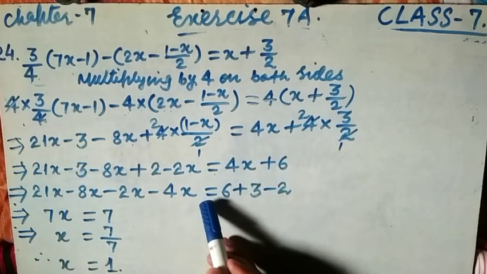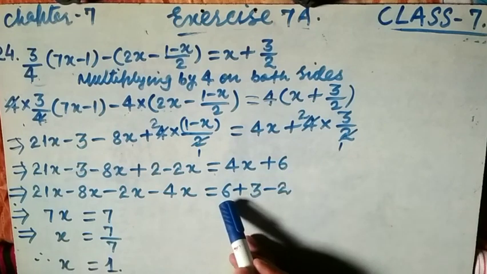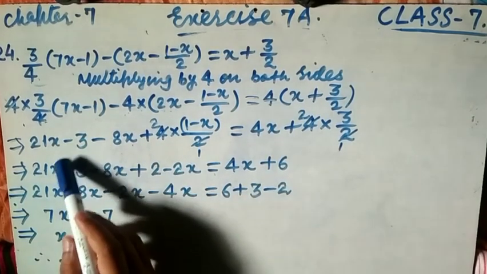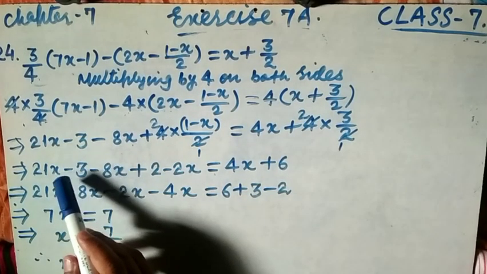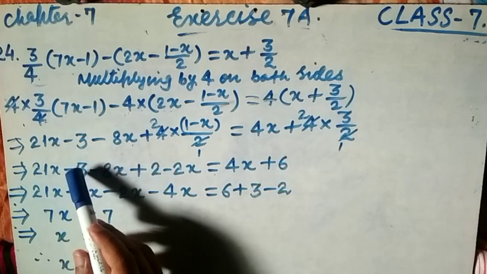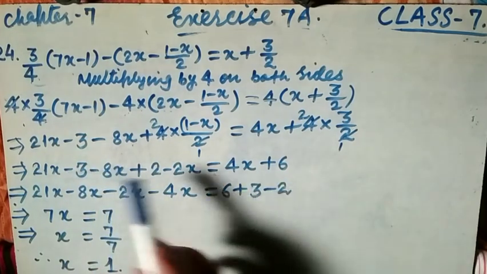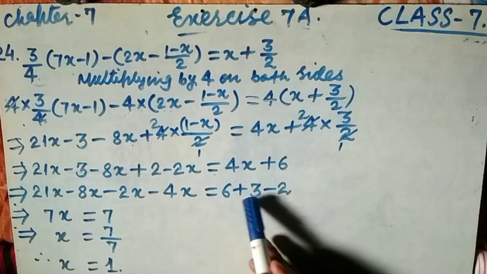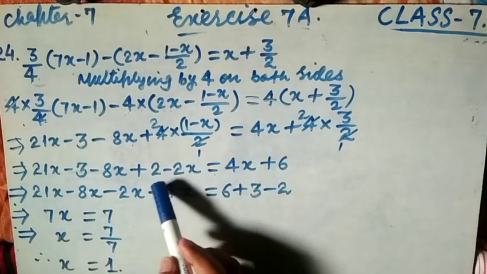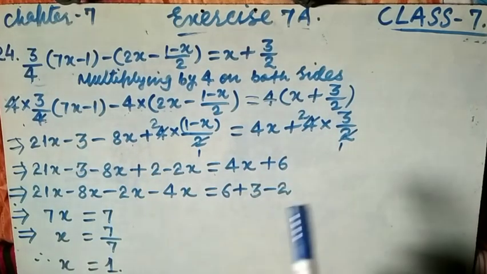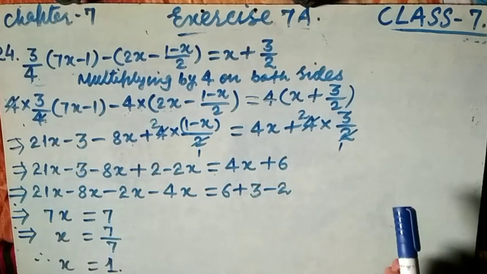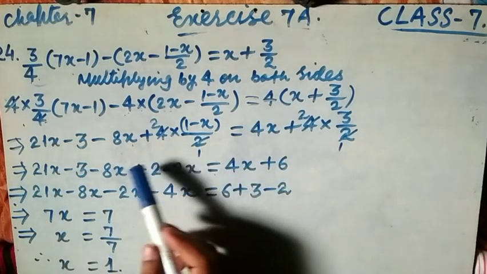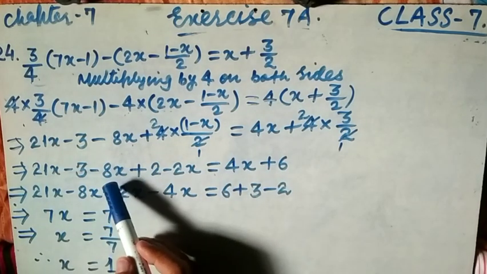Now equal to 6 as it is, with the plus sign as it is. Here is the minus 3 on the left-hand side, and we have to bring this minus 3 to the right-hand side with the opposite sign, plus 3. Hence this plus 2 will become minus 2 on the right-hand side, because this plus 2 is already on the left-hand side.